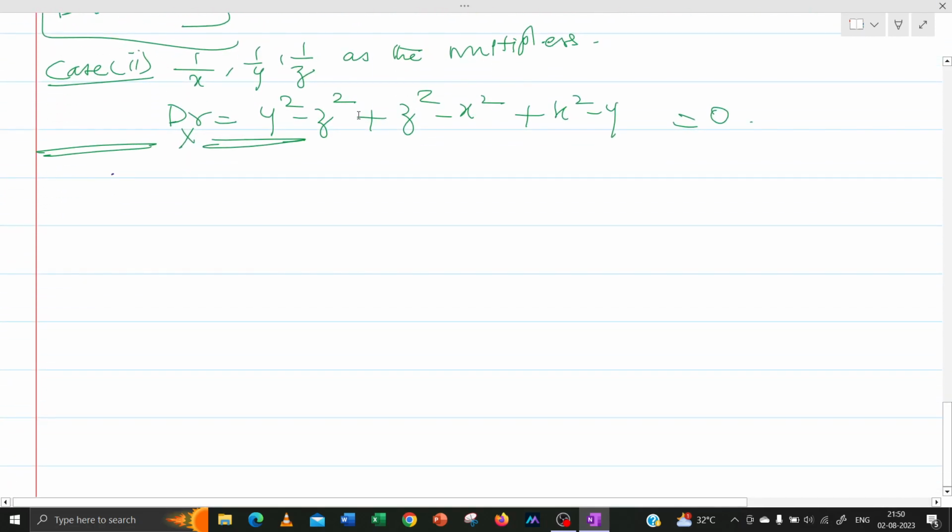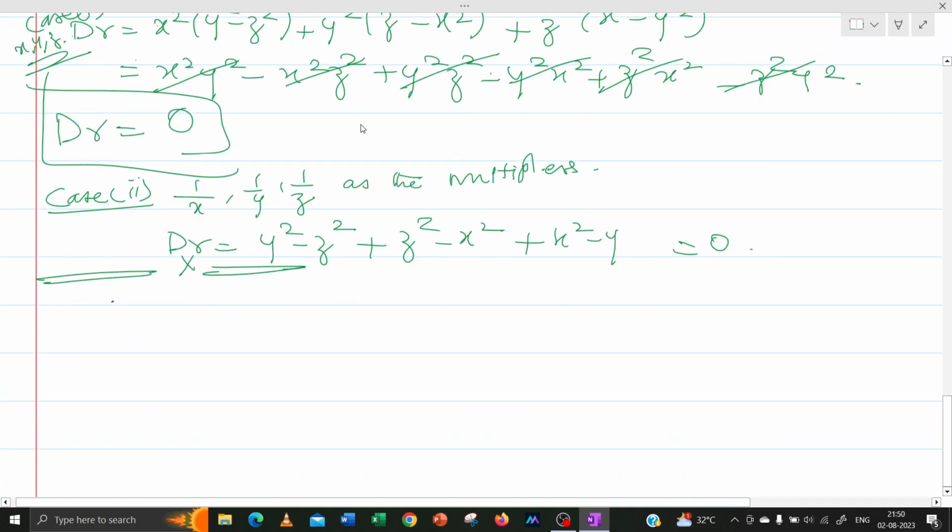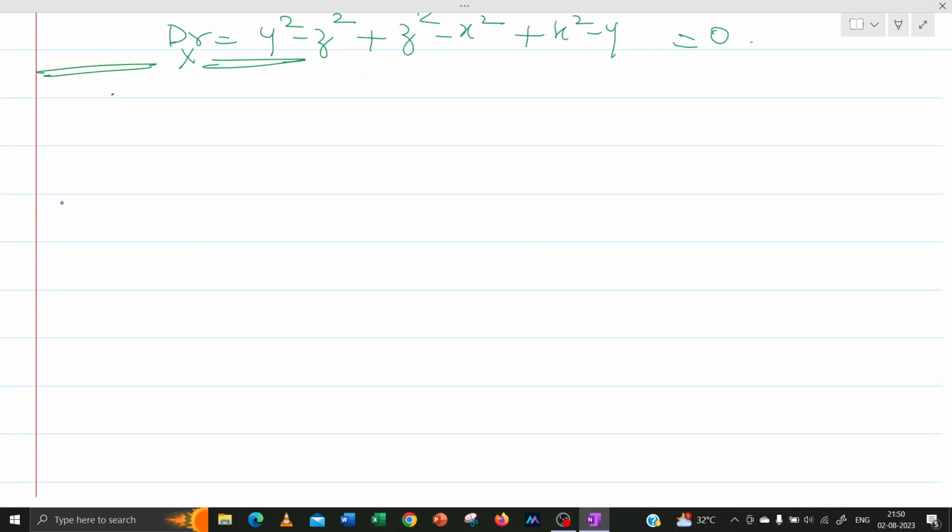Use Lagrange multipliers. The first set of multipliers are x, y, z.